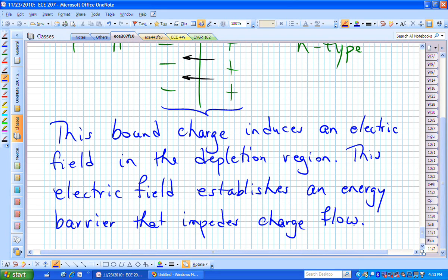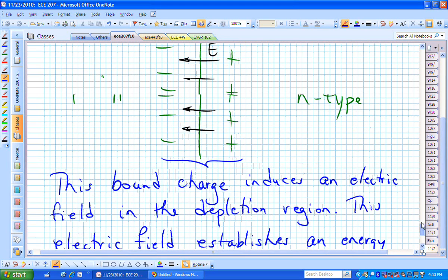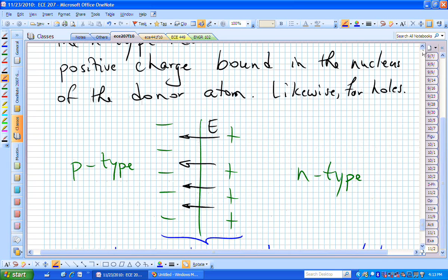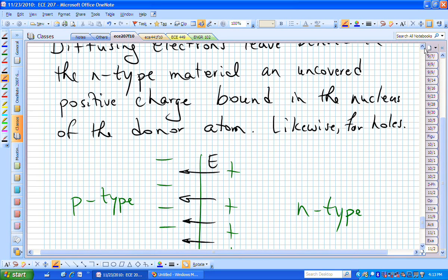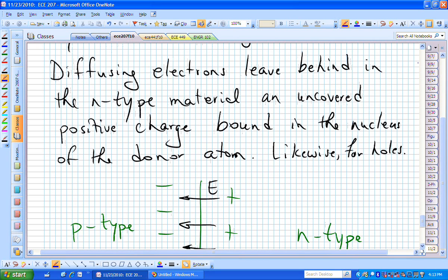Question? Could you just clarify what you mean by an uncovered positive charge? So what do I mean by an uncovered positive charge? We have in our atoms a proton and an electron paired up.